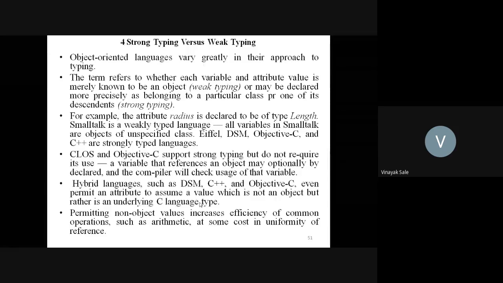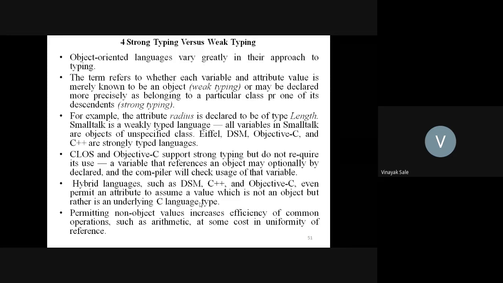Then fourth is strong typing versus weak typing. Object-oriented languages vary greatly in their approach to typing. Typing refers to whether each variable and attribute value is merely known to be an object, that is weak typing, or may be declared more precisely as belonging to a particular class or one of its descendants, that is strong typing.